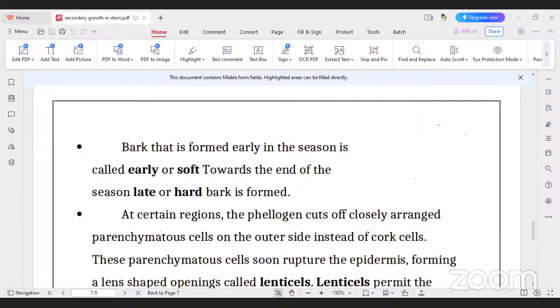First, ring bark: the cork cambium develops a complete ring. You must have seen it in daily life. Where is ring bark? Where is scale bark? The name itself says ring bark, it is the complete ring. When you remove the bark, it is separated as a ring without break.